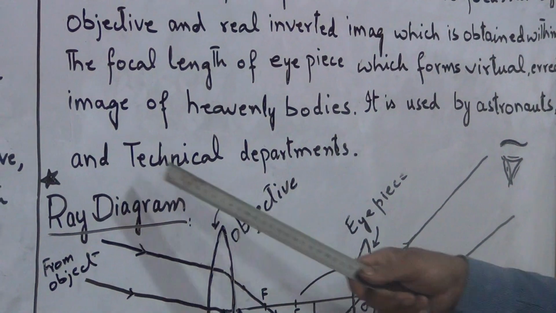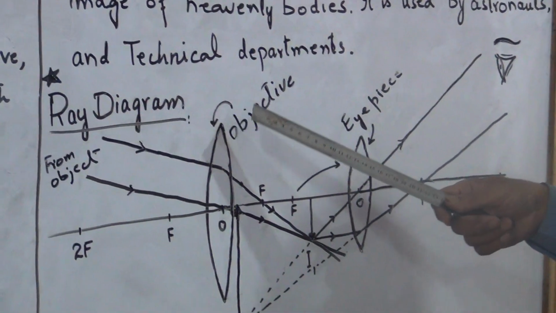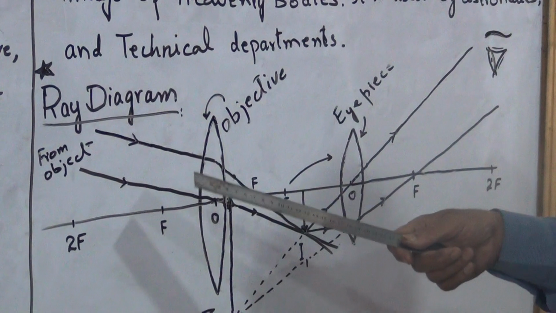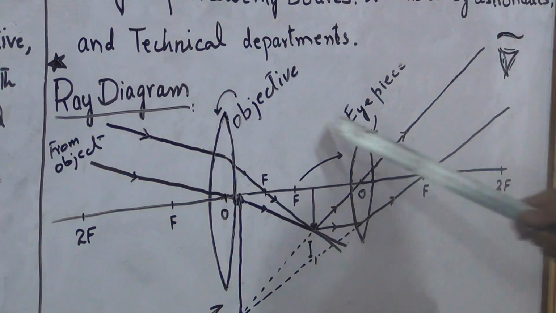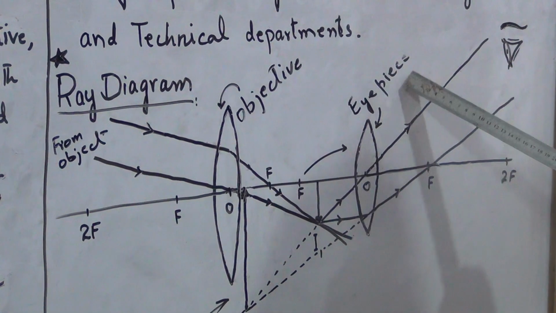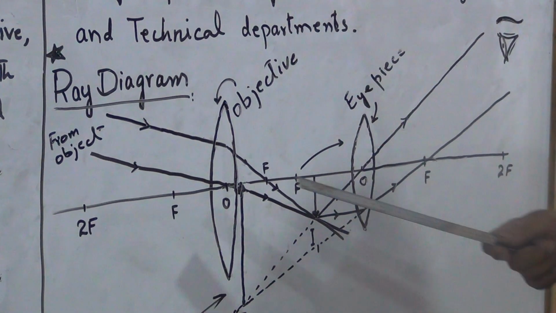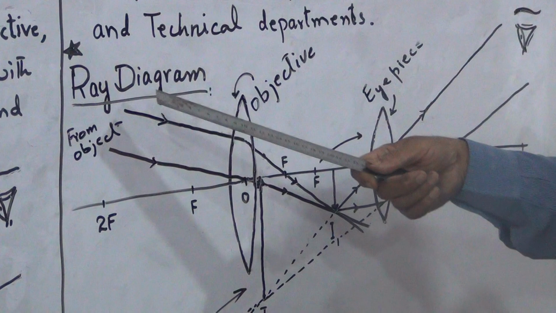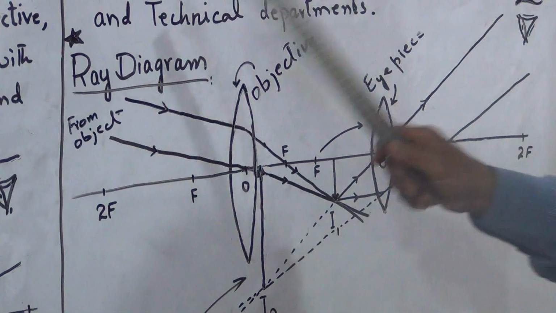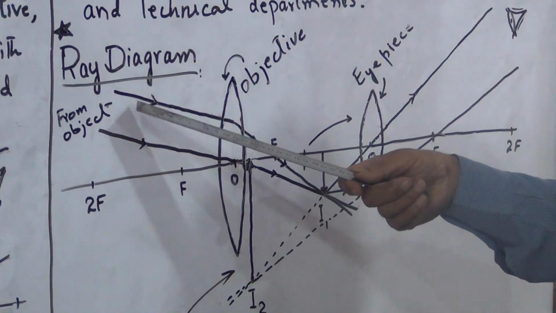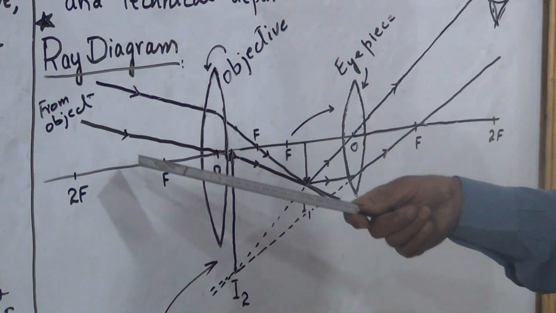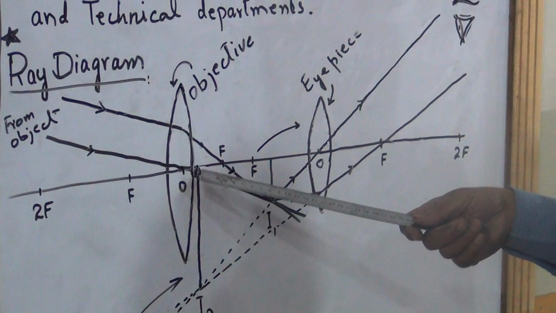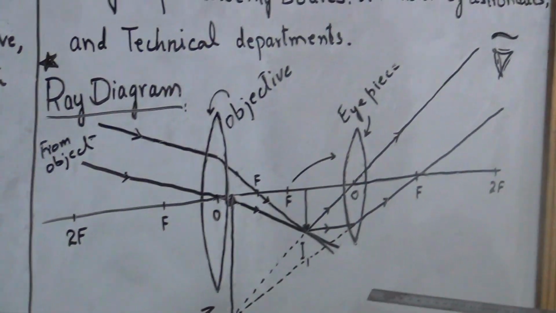Now the important thing, that is the ray diagram. In the ray diagram, these are the lenses, objective and eyepiece. The rays of light coming from infinity: one ray is considered parallel to the principal axis and the other ray passes through the optical center.